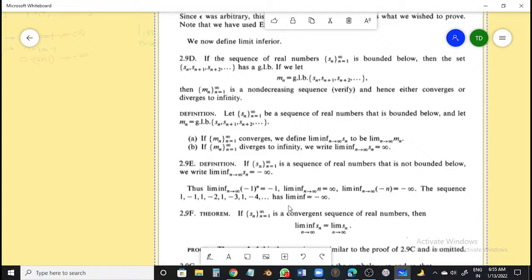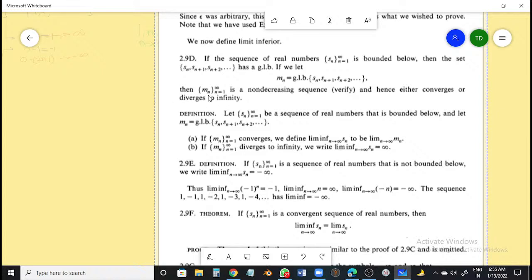See, if the sequence of real numbers Sn is bounded below, then the set Sn, Sn plus 1, Sn plus 2 and so on has a greatest lower bound, means infimum, and that infimum we are denoting as small m suffix n.